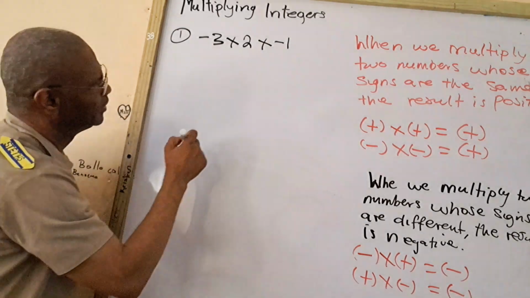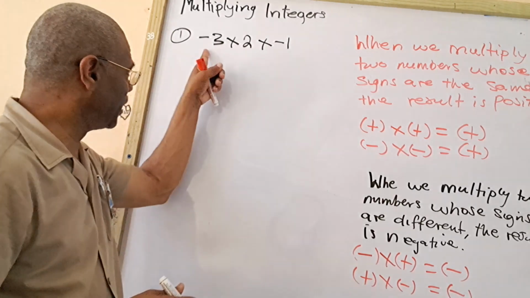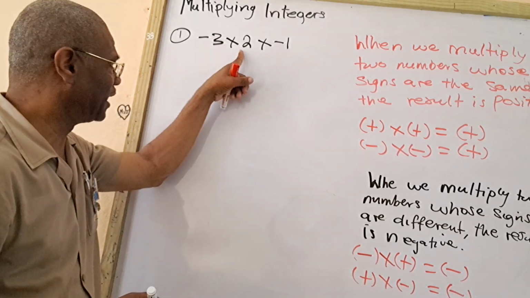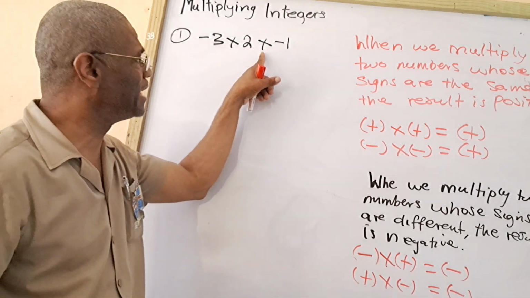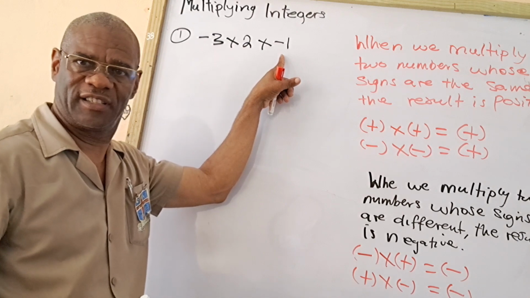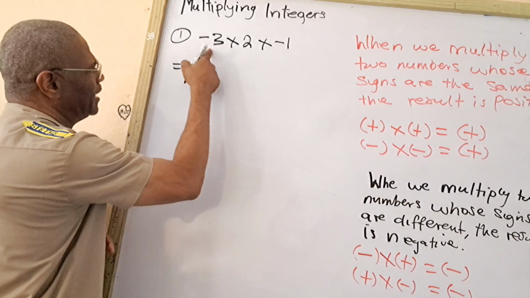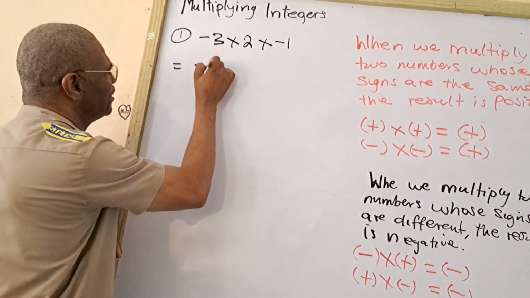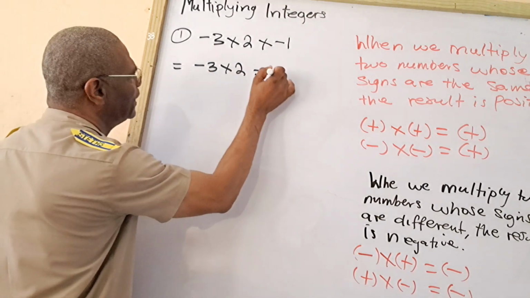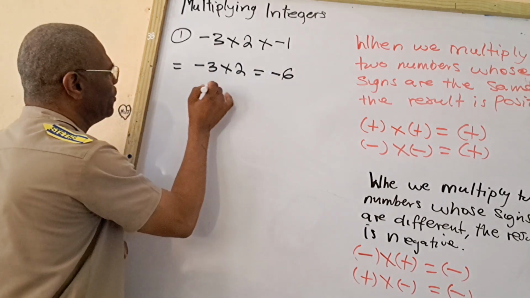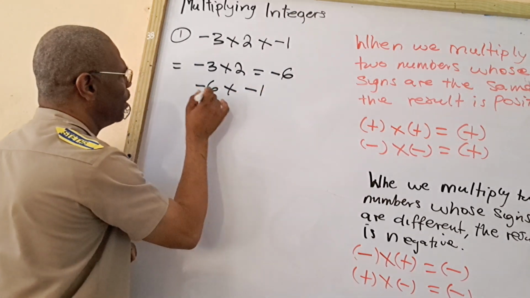Let's take them one by one. Negative 3 times 2 gives us what? That would be negative 6. Negative 6 times negative 1 would give us positive 6. So let's write that down.